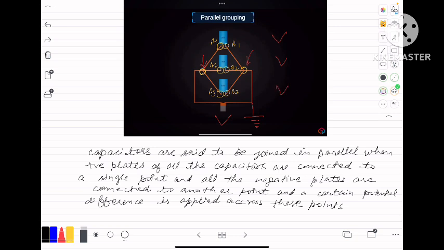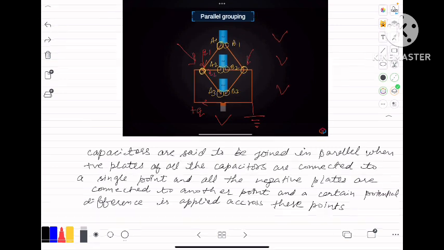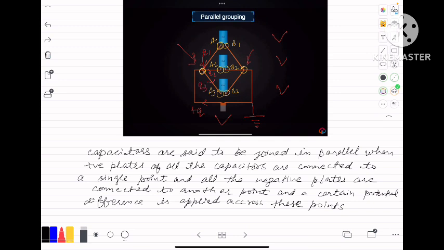If the battery supplies plus Q charge, it gets distributed at this point. Let charge Q1 flows to A, Q2 flows to B, and Q3 flows to B. Q1, Q2 and Q3.